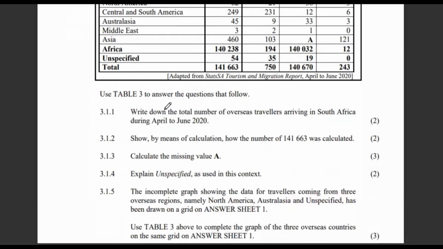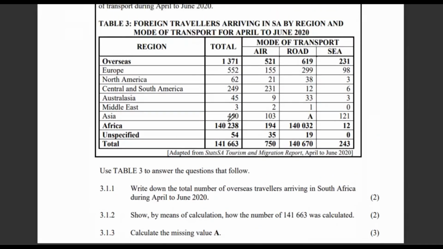They are telling you, write down the total number of overseas travelers arriving in South Africa. So overseas, we need to look at Europe, North America, Central and South America, Middle East, Asia.